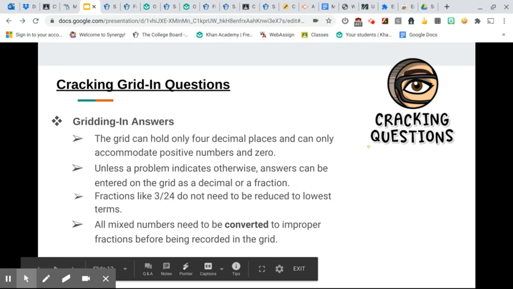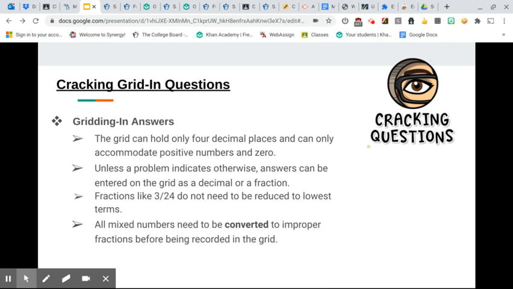The grid can only hold 4 decimal places, and can only accommodate positive numbers and 0. So that is telling you that whenever you get a negative answer, you got it wrong. The answers will always be positive. Unless the problem indicates otherwise, the answers entered on the grid can be either decimals or fractions.